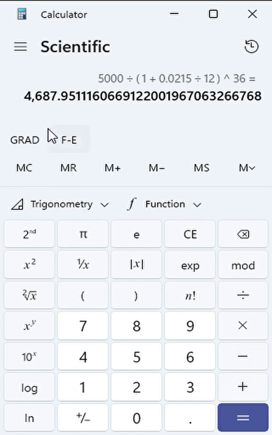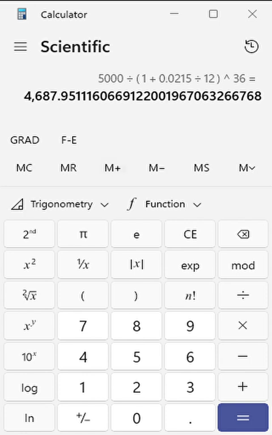Now you get this value, but again, you round it to the nearest dollar. So this value equals 4688, since it's 4687.9 something. 9 is greater than 5, so you round it up, and you get 4688.